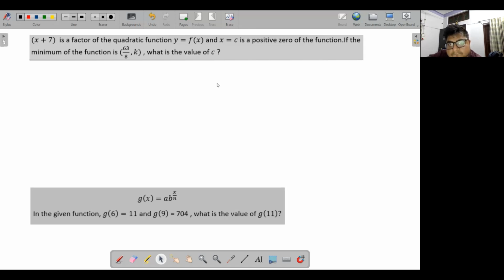You can put the answer in the chat, so that he can read the chat. And he'll then show you how to use Desmos to solve this question.